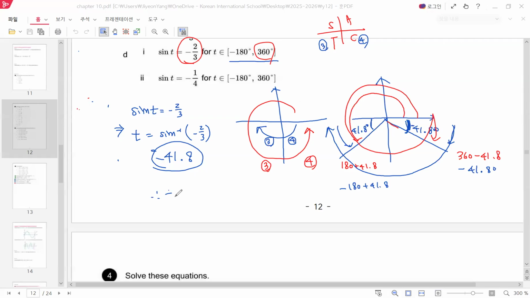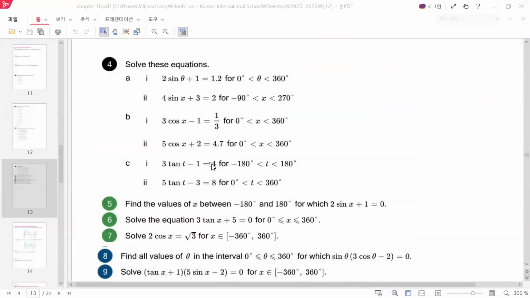Therefore, t equals negative 41.8 or negative 180 plus 41.8 degrees. Please calculate it by yourself. The positive direction, 180 plus 41.8 and 360 minus 41.8 is the answer of this question. I want you to be able to see the similarity between these types of questions, okay?